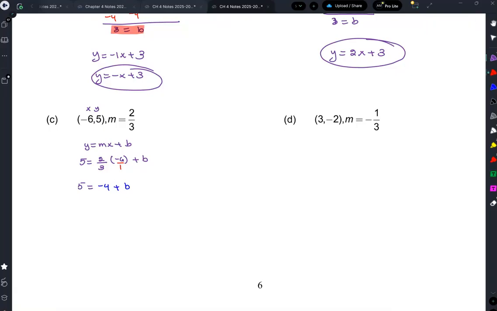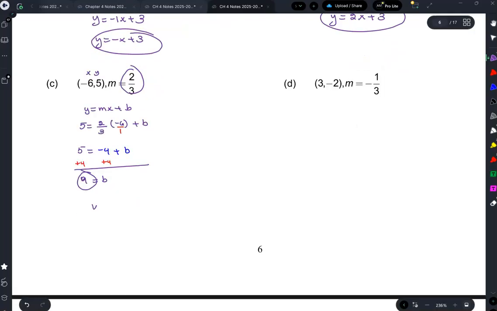Now I'm going to do plus 4 plus 4. So 9 equals b. So now I have my m and I have my b. So y equals 2/3 x plus 9.